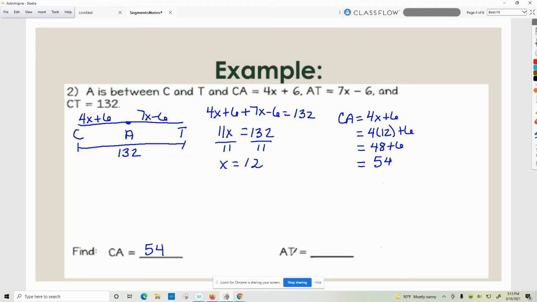Then I'm going to do the exact same thing for the length of A to T. So A to T is my 7x minus 6. So that's 7 times 12 minus my 6. 7 times 12 is 84, and I want to take 6 away from that.